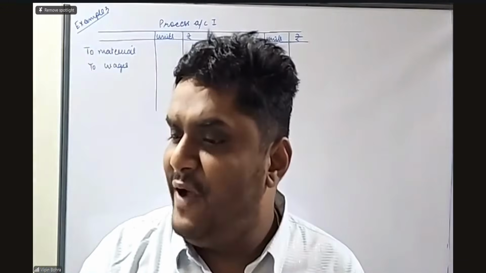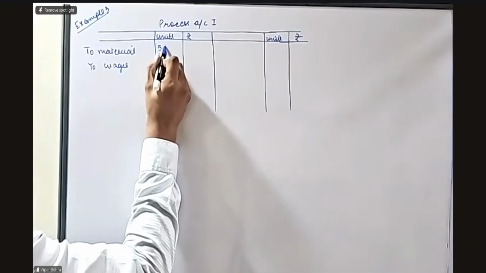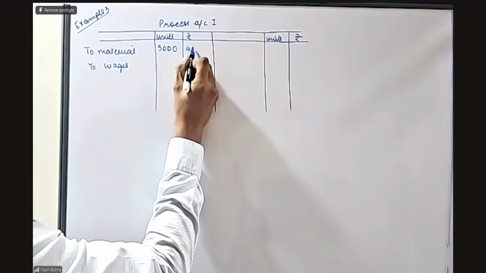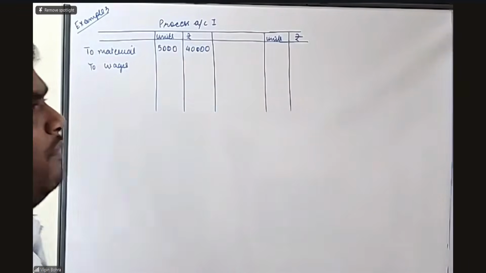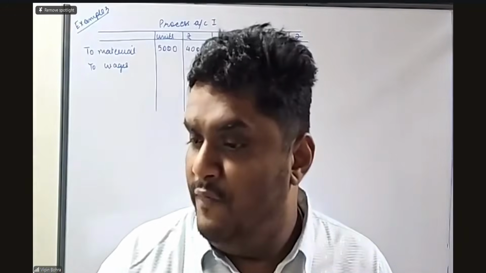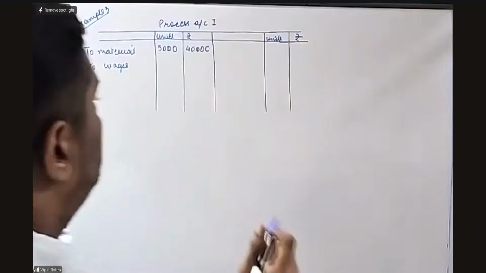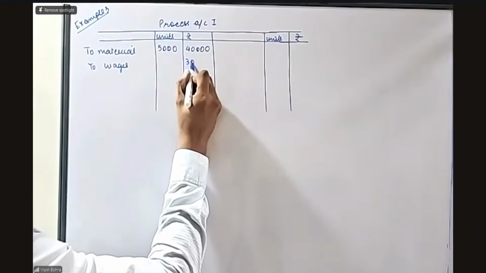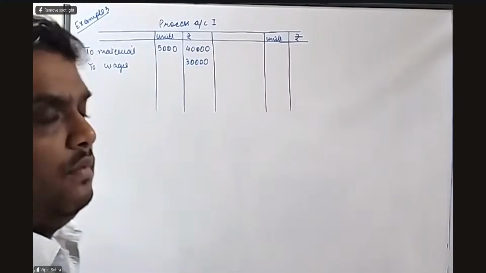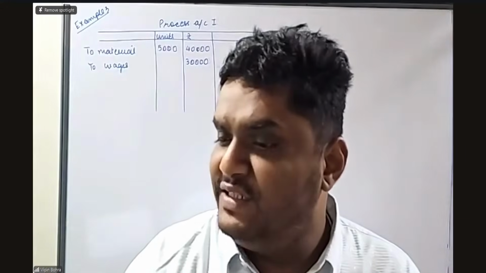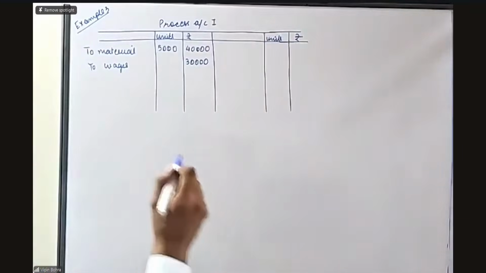So material is given, 5,000 units and 40,000 rupees. Wages is 30,000. Manufacturing overheads are 27,000.